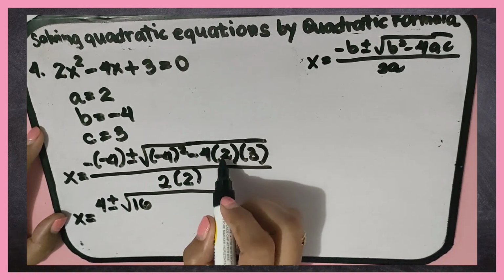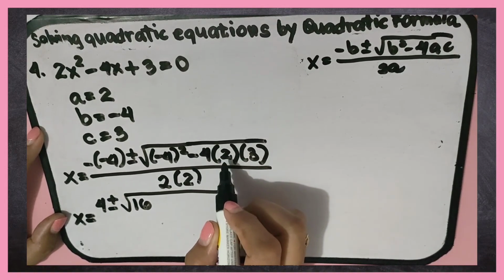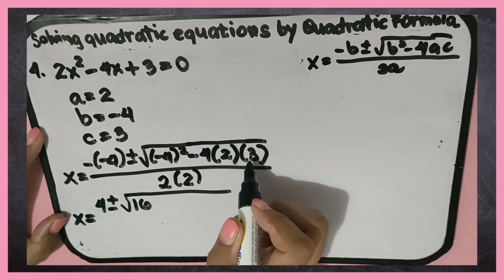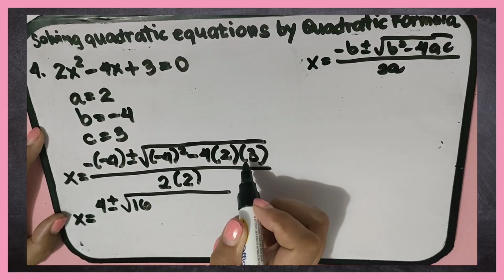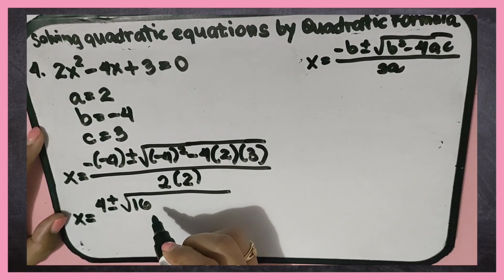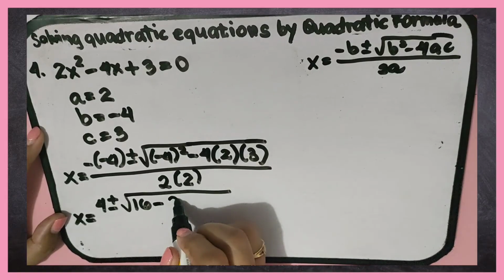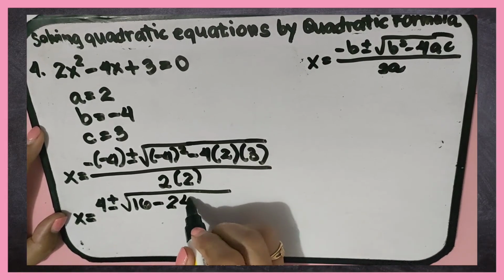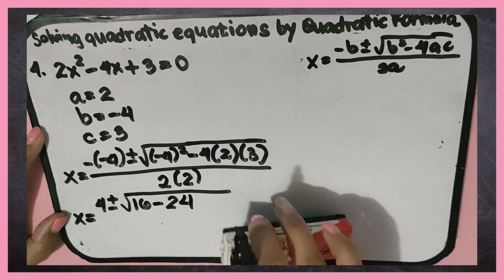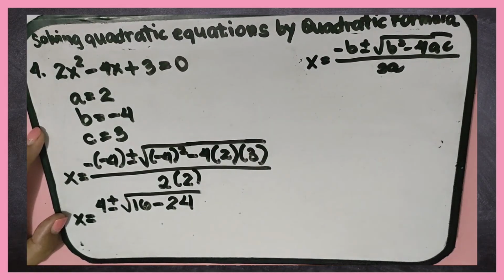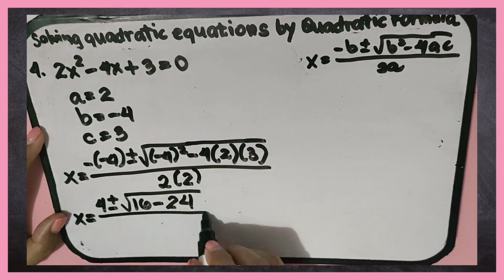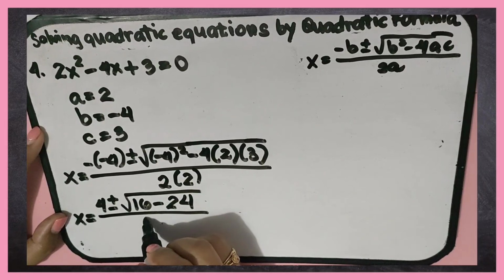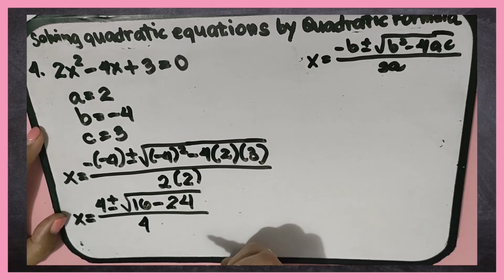Then, negative 4 times 2, that is negative 8. Negative 8 times 3, and that is negative 24, over 2 times 2, 4.